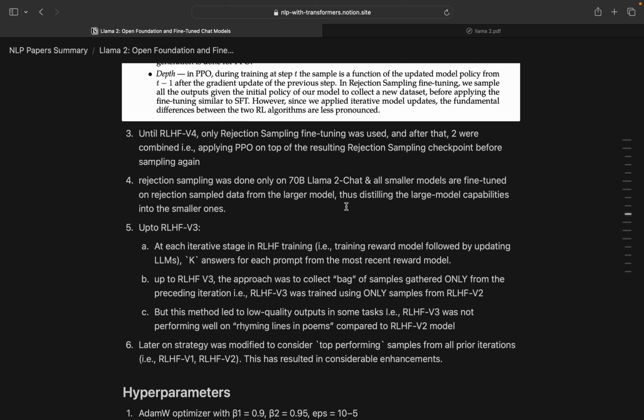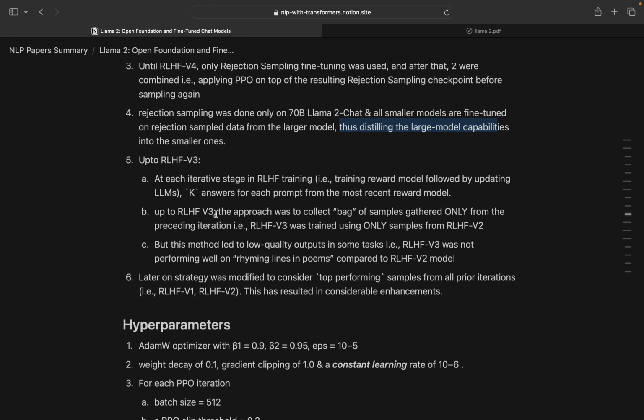By doing this generation from the 70 billion model, we can use the dataset to train the 7 billion models too. This is something similar to distilling the models. It makes a lot of sense when you look at it on a higher level: we are injecting the larger model's capabilities into the smaller ones.